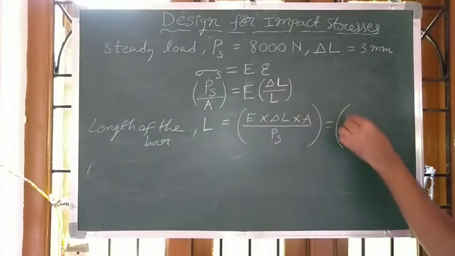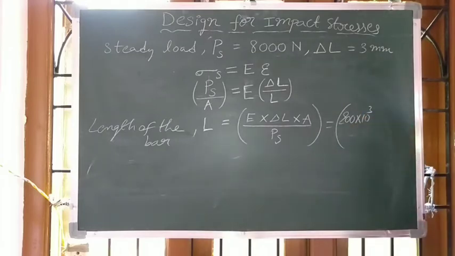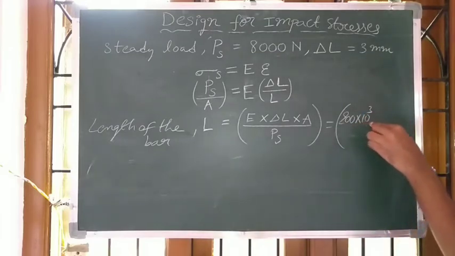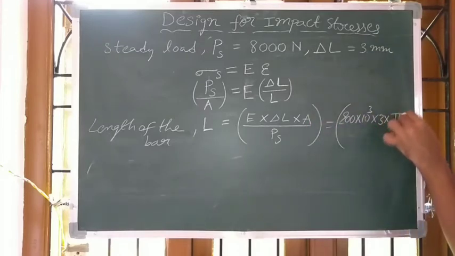So Young's modulus E is 200 kilonewton per mm square. Let us convert to Newton per mm square: 200 into 10 cube Newton per mm square, into delta L, 3 mm, into the area of the bar, pi by 4 into d square.